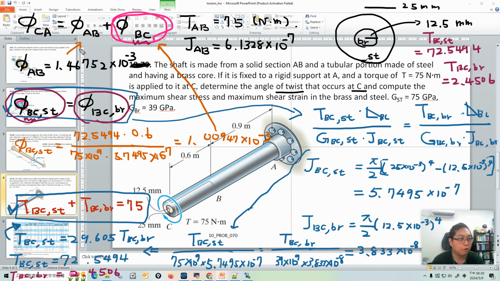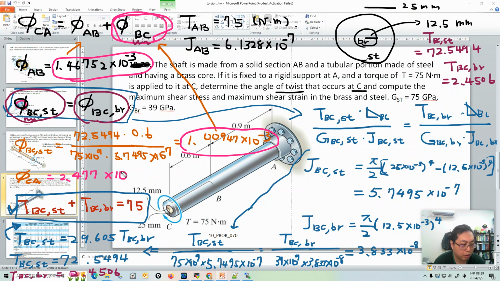So finally, what's our φ_AC, or called φ_CA? You just add these two values together. That's our φ_CA, so you will get the answer 2.477 times 10 to the power minus 3, and the unit is radian.